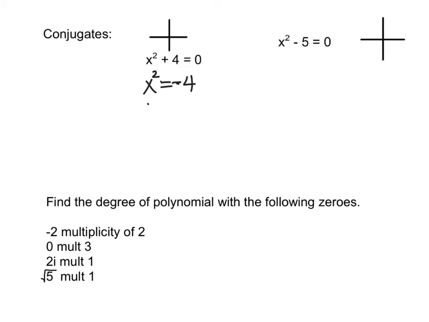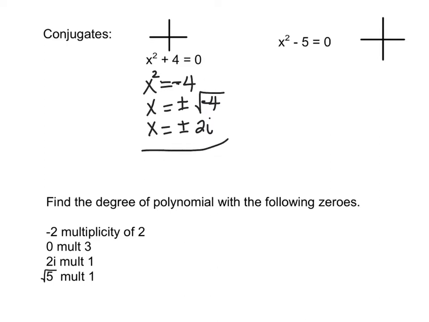Well, to take the square root, you would have plus or minus the square root of -4. Well, remember the rule, it's not a real number if you're trying to take the square root of a negative number. So this is actually x equals plus or minus 2i. And so the square root of -1 is i, and then the square root of 4 is 2.